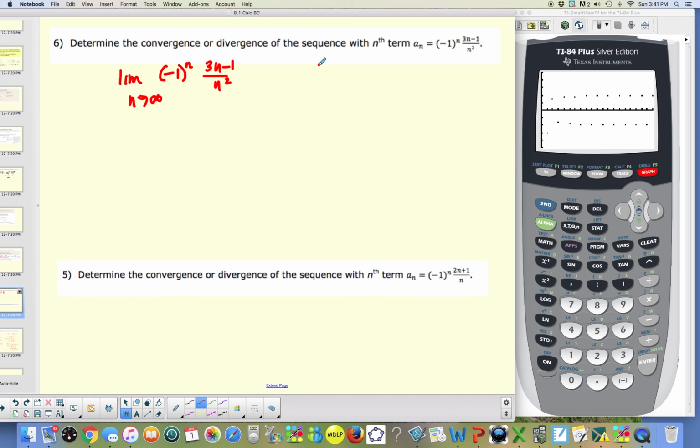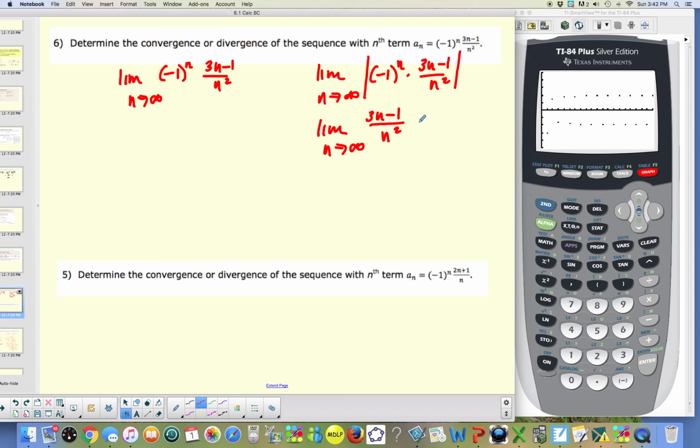To do that, I'm going to find the limit as n approaches infinity of the absolute value of -1 to the n times 3n minus 1 over n squared. I'm going to use the theorem that we just talked about. So this really amounts to just looking at this term right here, 3n minus 1 over n squared, because whether it's positive or negative really depends on this factor right here, and I'm just looking at its absolute value.